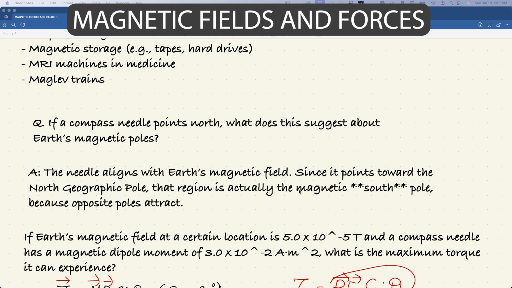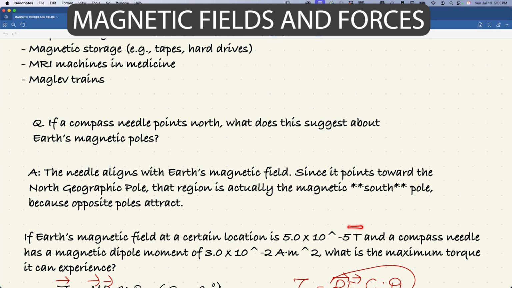I've already stated that. Now here is a question where you have a compass needle whose magnetic dipole moment is given as 3.0 times 10 raised to negative 2 ampere meter square. That's the magnetic dipole moment. And it's in a field of 5.0 times 10 to the negative 5 Tesla.